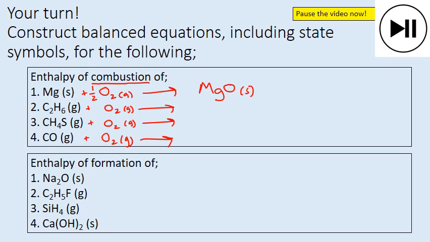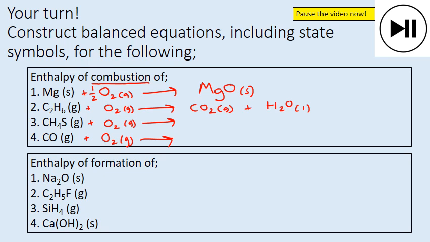Second one is a hydrocarbon. We're going to make carbon dioxide, which is a gas, and water. Now, it must be liquid water because it has to be standard states, standard conditions. If you were to actually burn ethane, you would probably produce steam because of the exothermic reaction.